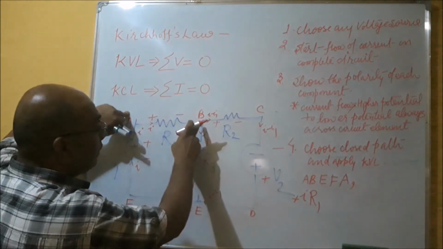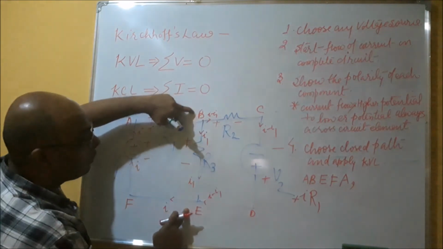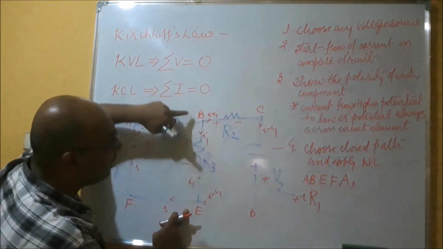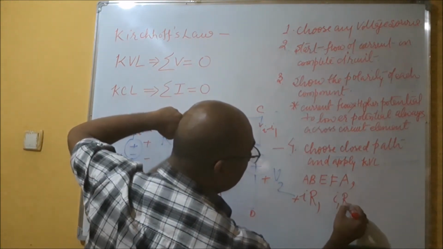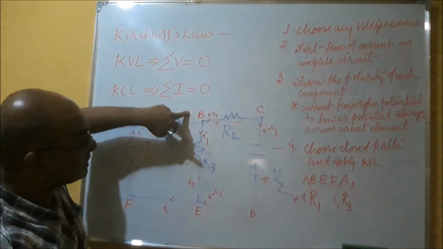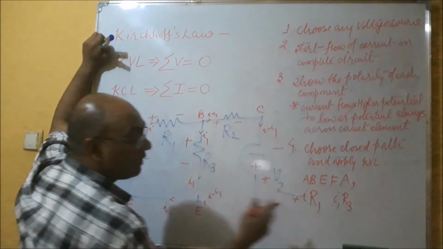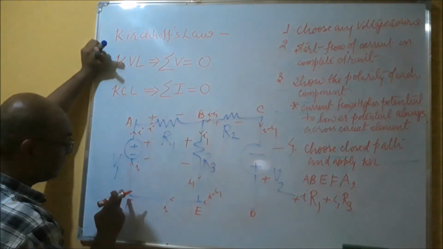Now I am at B, so go from B to E. When you are going from B to E, the value of voltage is I1R3. Since I am again moving from plus to minus, I will take plus.